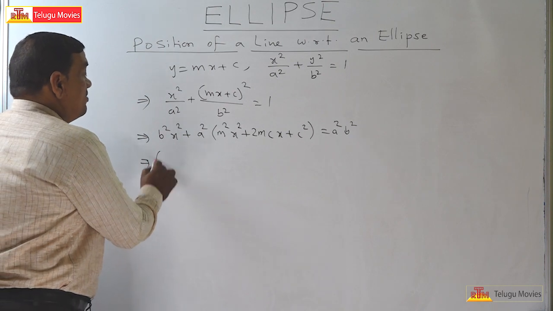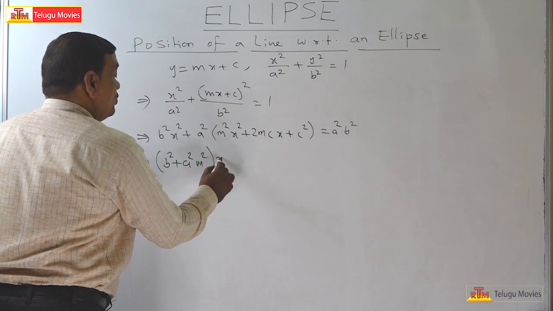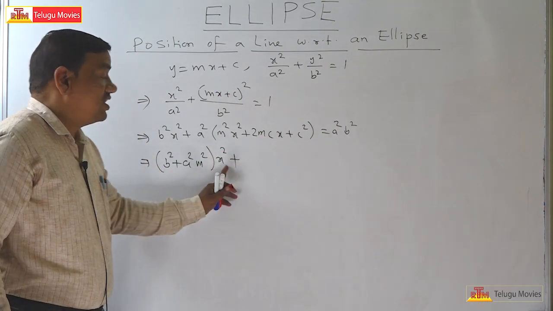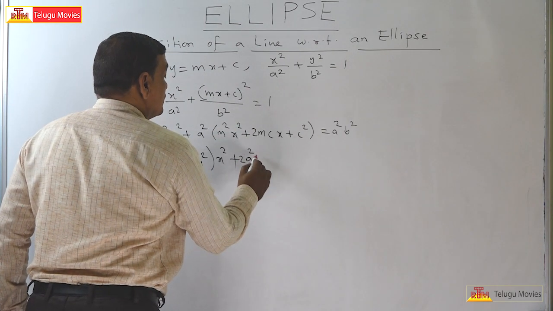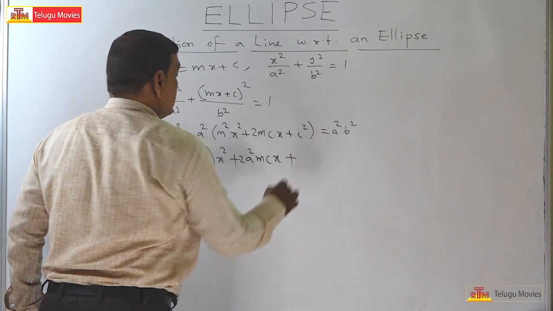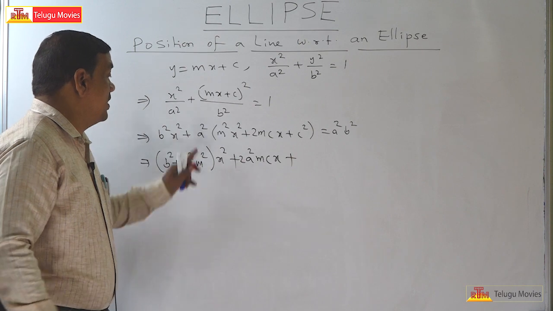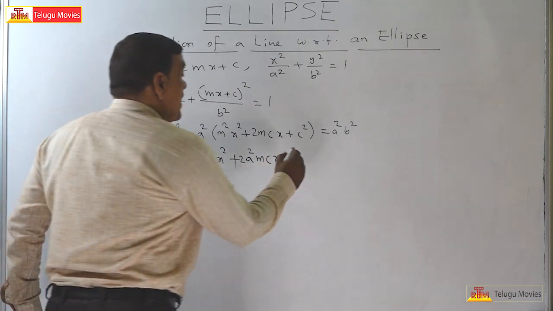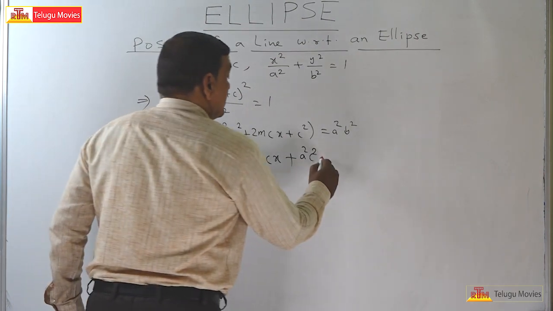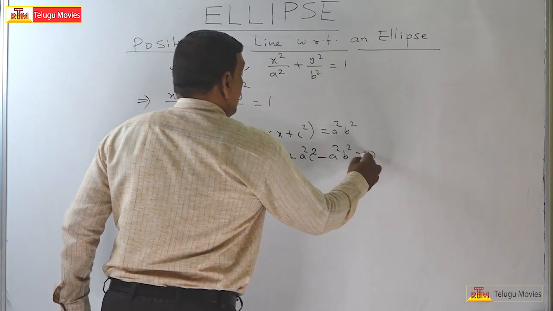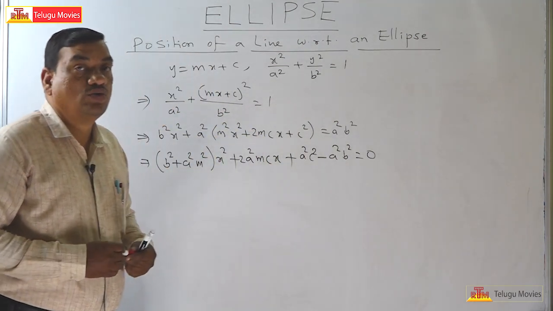So the x square term is (b square plus a square m square) into x square. Next you will get 2 a square mc into x, that is the x term. Coming to the constants, here a square c square, and a square b square also brought to the left side, so a square c square minus a square b square is equal to 0. Now this is of the form ax square plus bx plus c is equal to 0.